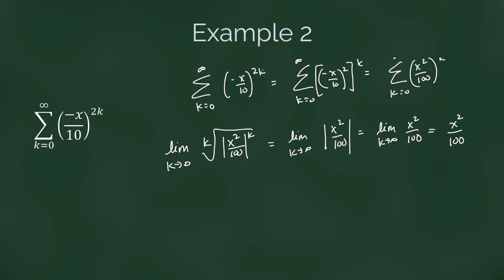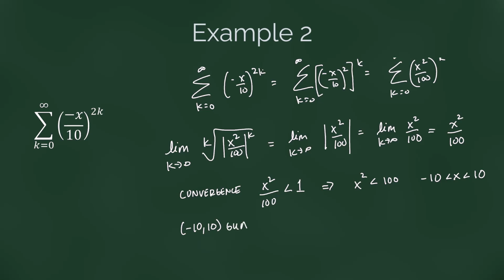We know from the root test we get convergence when x squared over 100 is less than 1. That tells us that x squared is less than 100, which means that x has to be between negative 10 and 10. So on the interval negative 10 to 10, we are guaranteed convergence by the root test.